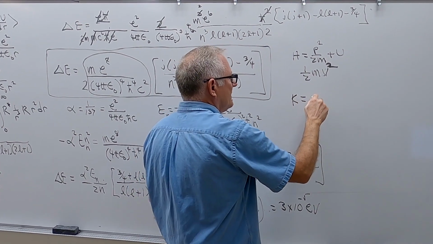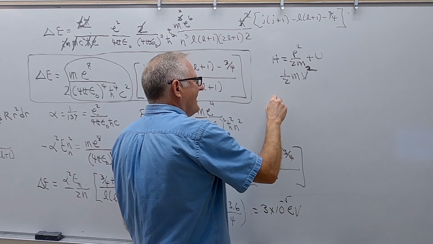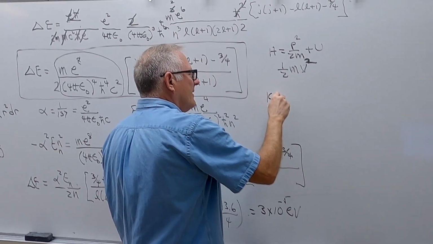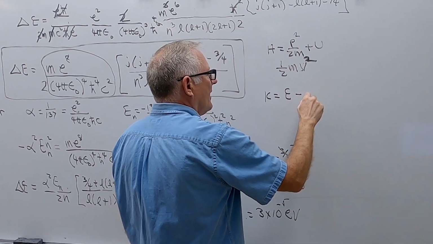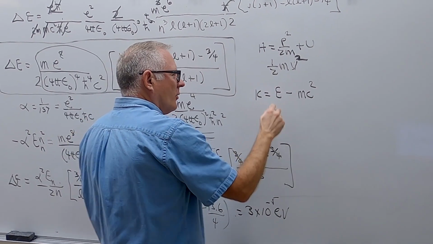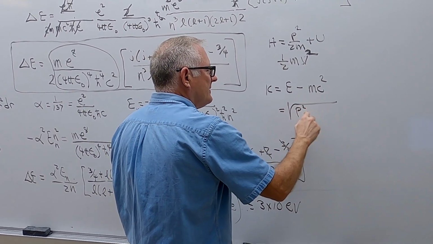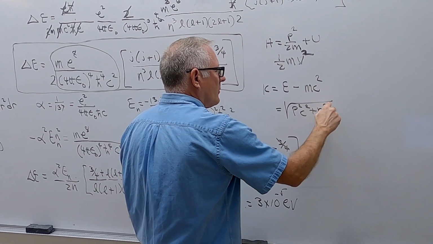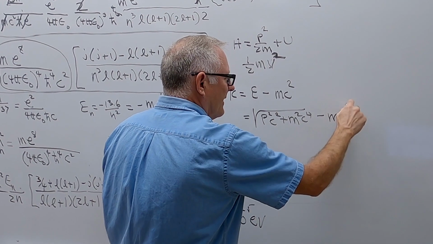Didn't we say it's the total energy minus the rest mass energy, mc squared, where the total energy was the square root of p squared c squared plus m squared c to the 4th, minus mc squared.